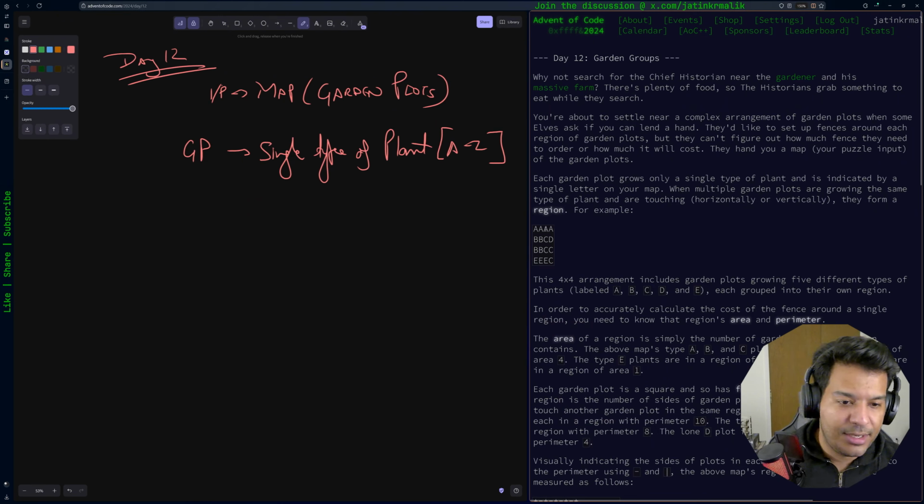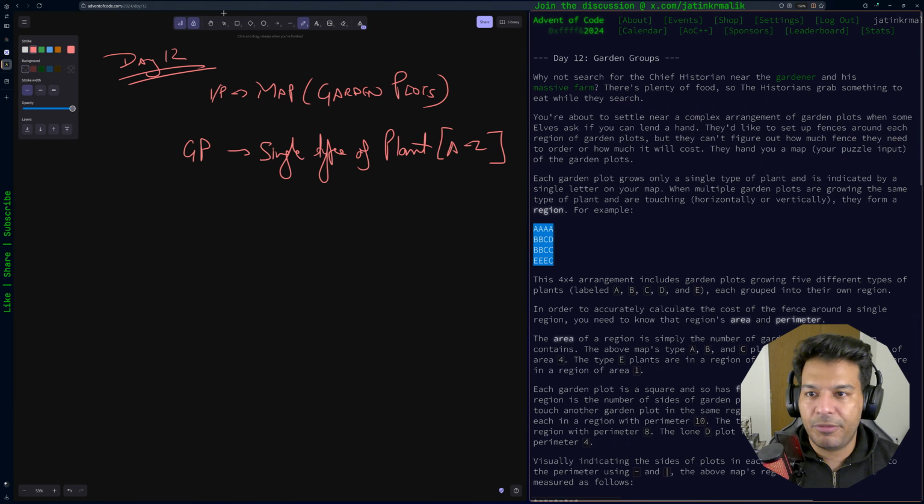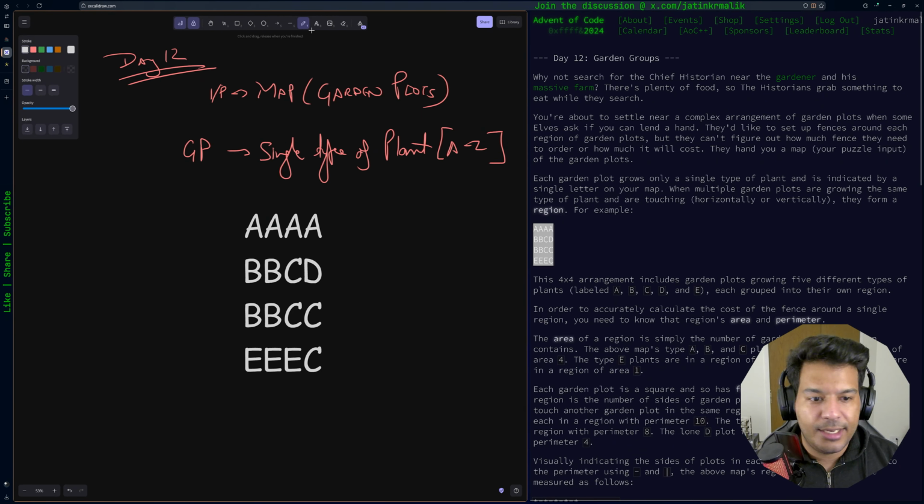I got it. So we are given an example of a 4x4 grid, and let's see. This 4x4 arrangement includes garden plots growing 5 different types of plants labeled A, B, C, D, E. We can see that here, each grouped into their own region.